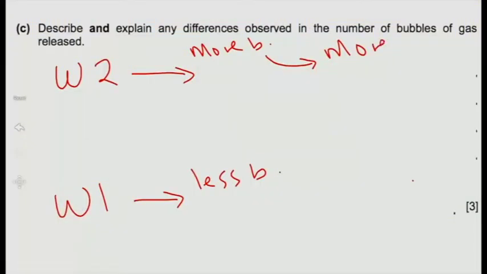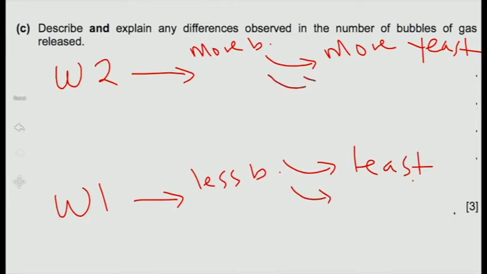Remember, we said the yeast added in the test tube was not quantified. So chances are there was more yeast added. In W1, there was less yeast.